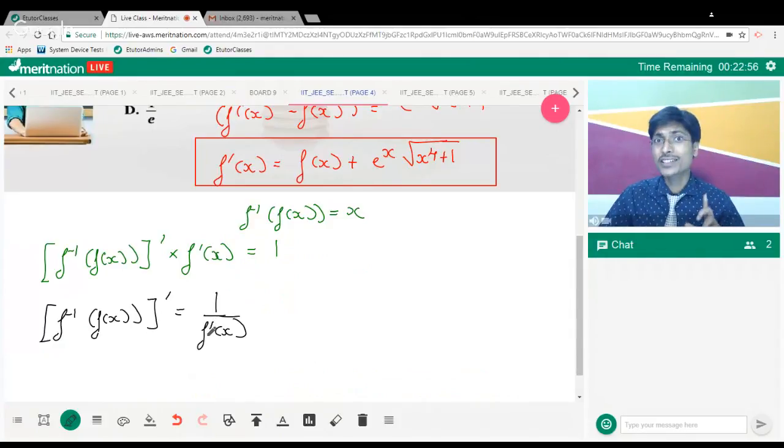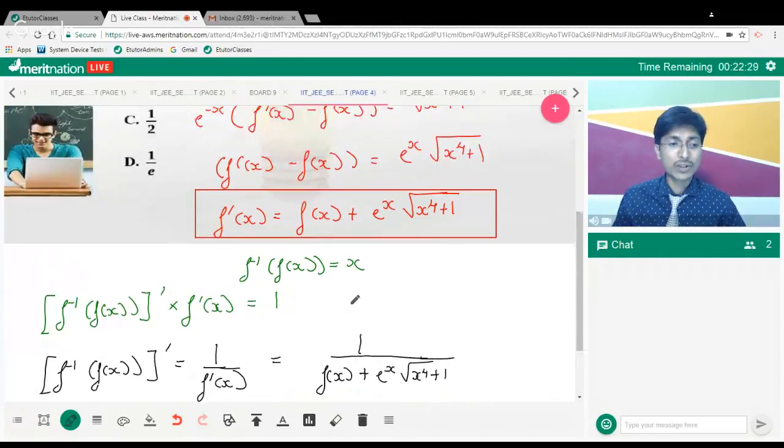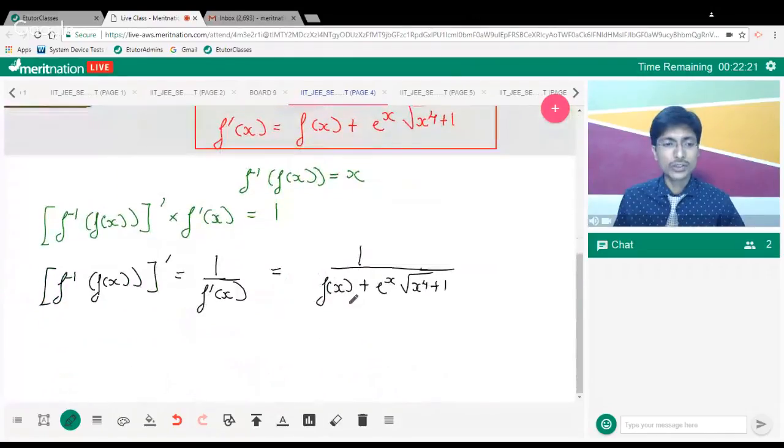And f dash x we have already calculated above. So I have f dash x as f(x) plus e raised to the power x under root x raised to the power 4 plus 1. So 1 upon f(x) plus e raised to the power x under root x raised to the power 4 plus 1. So this is my simplified form. Now just try and see what's going into the f inverse. The input which is going into f inverse is 2.